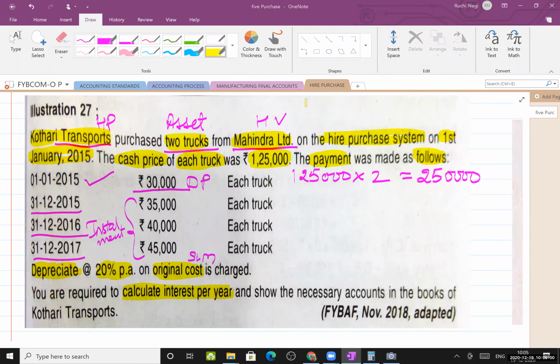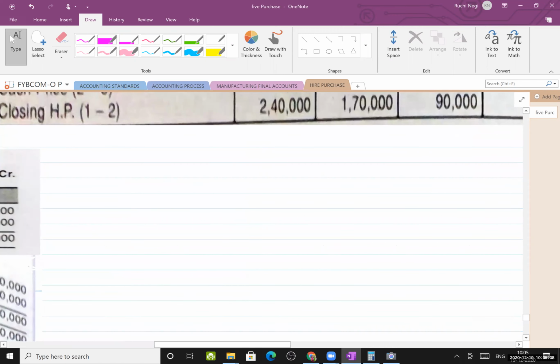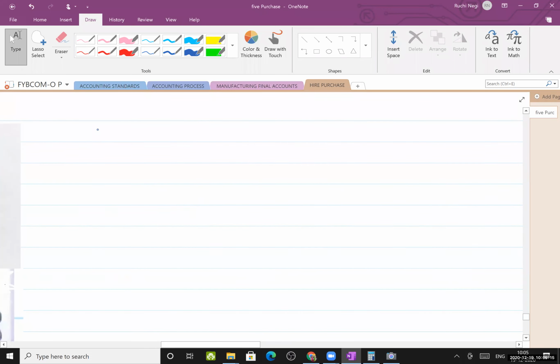Okay. So let us first start with a small working note. Write down this working note. Working note number 1. Calculation of interest.